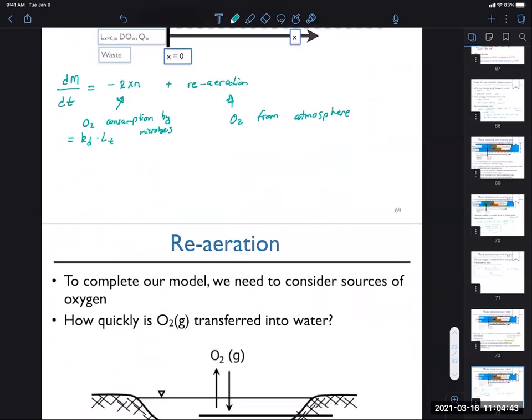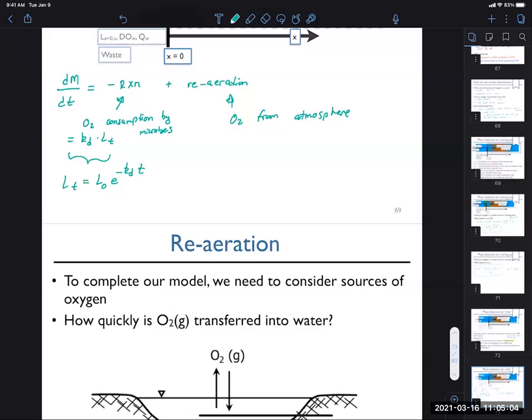So to revisit, we remember that this can be described by L sub t is equal to L naught e to the negative kd t. This is the kinetic expression that describes the amount of BOD remaining at time t.